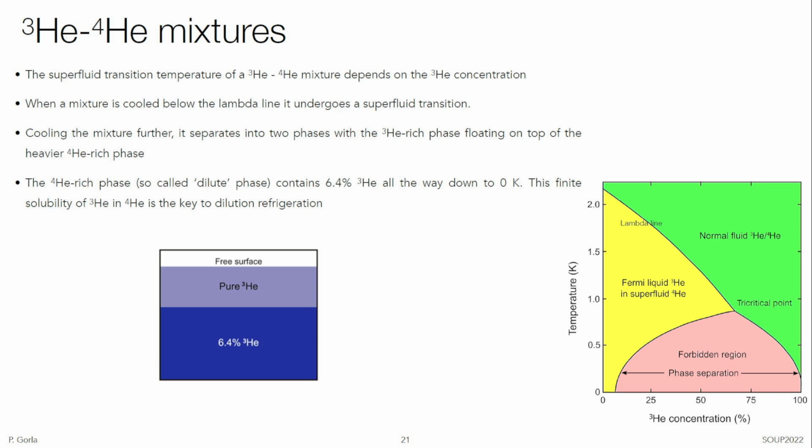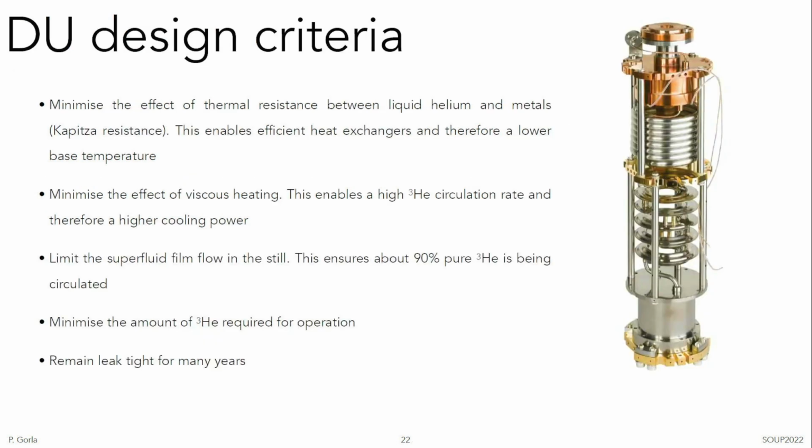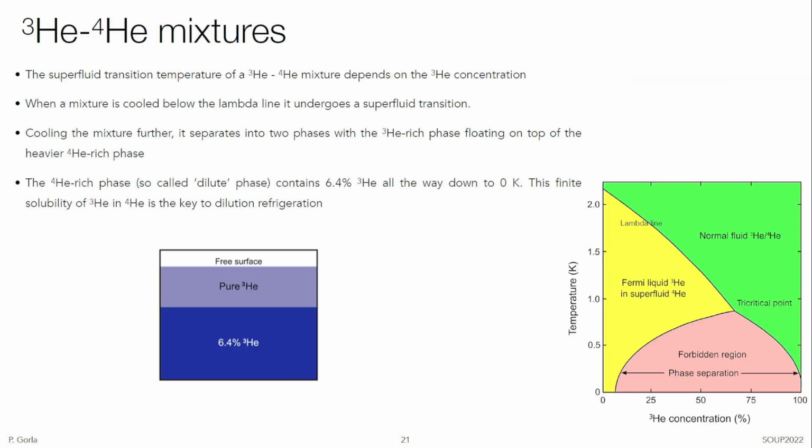So in this phase you have something like 6% of diffused helium-3 inside the liquid helium-4. And this is what you use to, I think I skipped one slide. This is what you use to induce dilution.